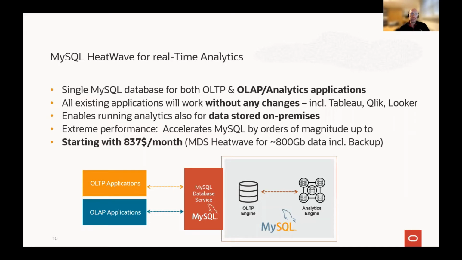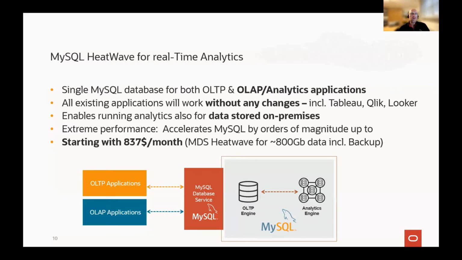That is a normal MySQL 8.0-something version. And in the backend, we've got the so-called analytics engine, which are their own instances directly connected to the MySQL leading node, to the OLTP front-end engine. All existing applications will work without any changes. It's basically MySQL, there is no change. We're going into more detail on this in a second.